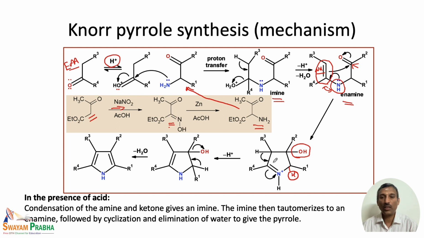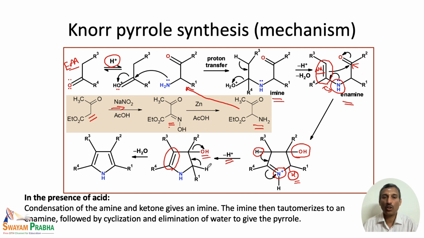Initially, the positive charge on the nitrogen has to be neutralized. So, this particular hydrogen atom is lost as a proton unit in the first step, and this leads to the double bond formation as shown here. Afterwards, the hydroxy unit is lost with the hydrogen atom from the adjacent carbon.